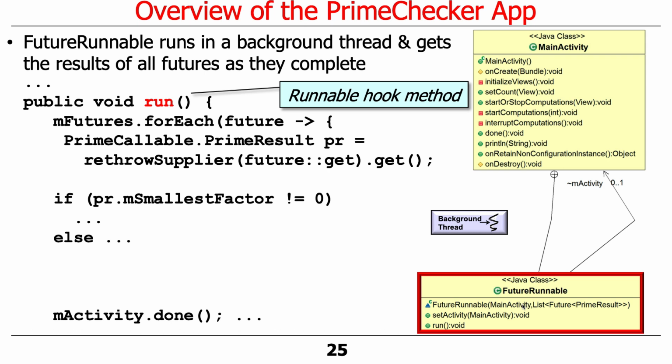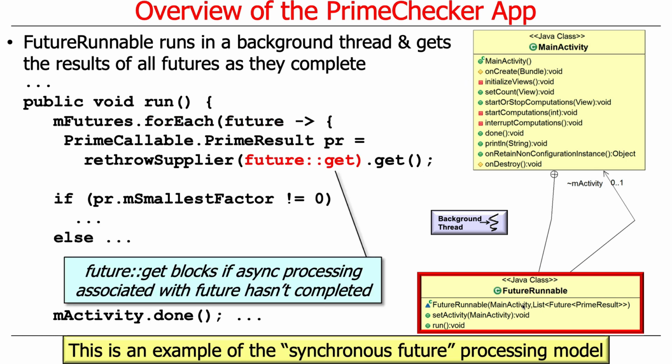The workhorse method here, as you might anticipate, given that future runnable implements runnable, is the run hook method. So this is the hook method that's called back when the background thread is going to be created in order to do the computation. What this does is it uses the for each method, which is another Java 8 ism, and it basically says for each future in mFutures, remember mFutures was just this list of futures, take that future and go ahead and wait for that future to complete.